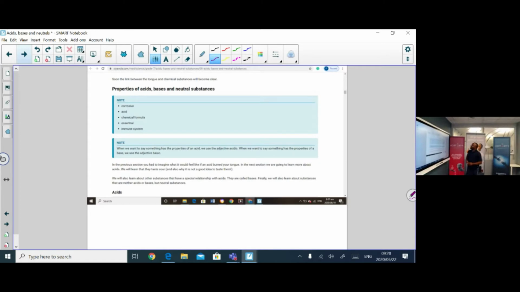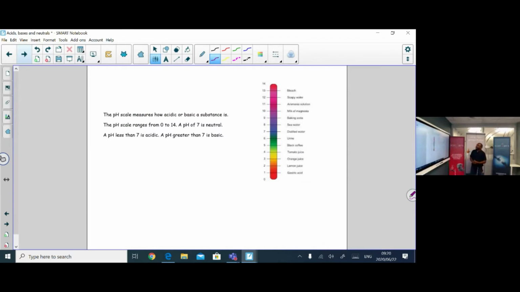Properties of acids, bases, and neutrals. Acids are corrosive. We would look at the chemical formula and how we use it in everyday life as part of examples. Now, this is very important. This is what we call a pH scale.